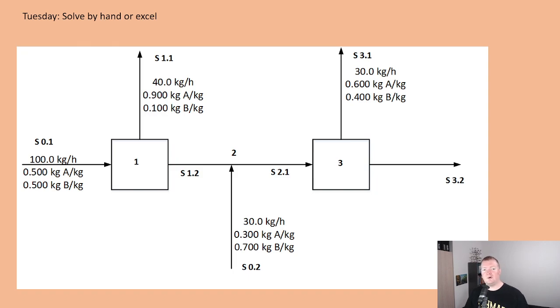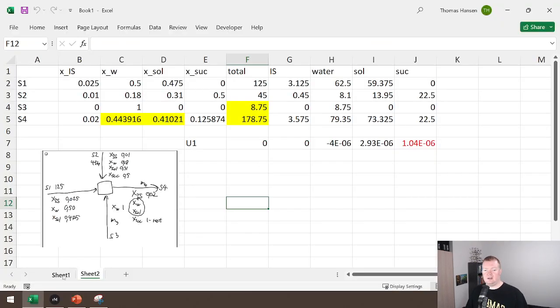Like that, 14 kilograms of A here, and you can just step through all the way. This can very easily be solved sequentially, so you just do one equation at a time, one step at a time.